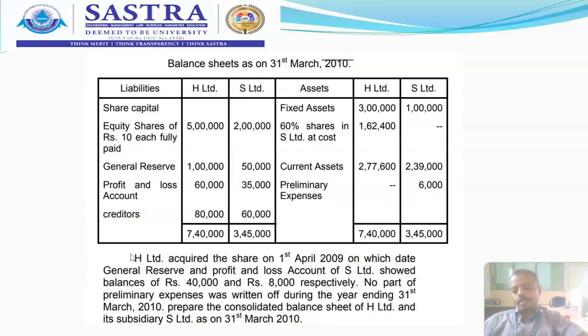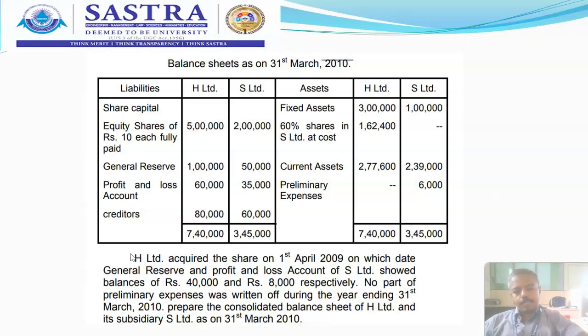So here we can state the relationship as holding company and subsidiary company. Here, H Limited is the holding company, whereas S Limited is the subsidiary company. With this brief introduction, we proceed towards solving the sum.